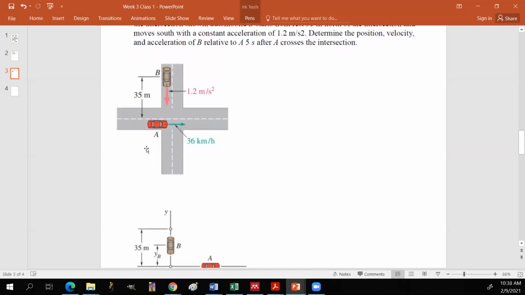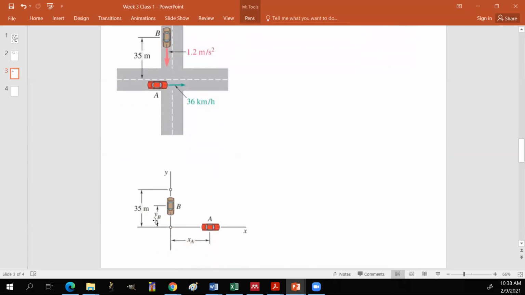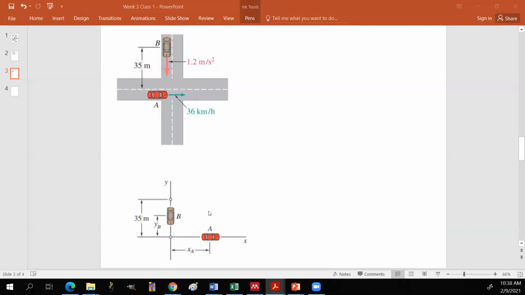So in order to do this problem, it's good to define your coordinate system like this over here, where this is the point where the intersection happens, right? And then you have B moving in the Y direction and you have A moving in the X direction, right? So basically these axes are defined in the direction of the road, right?